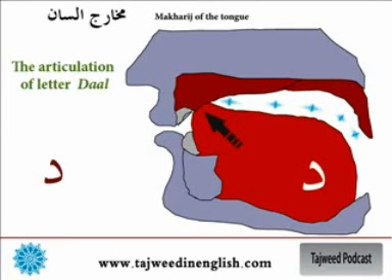What we see in this slide is that the makhraj of the dal uses the same point of articulation as the ta. But the only difference, as you can see, the air comes flowing to the point of articulation and stops where the point of articulation of the letter dal is, and there is no air coming after that, which means it stops and makes that sound very, very strong.